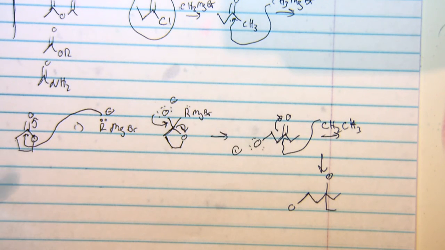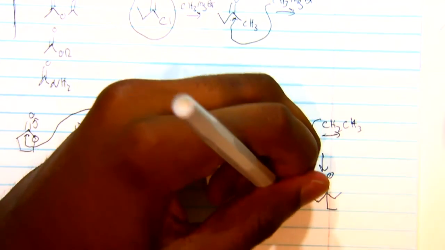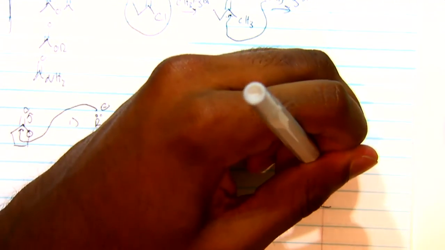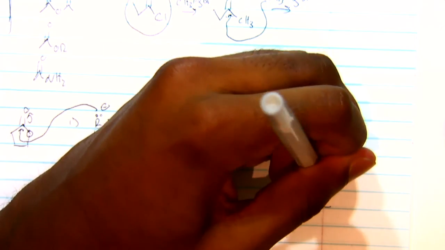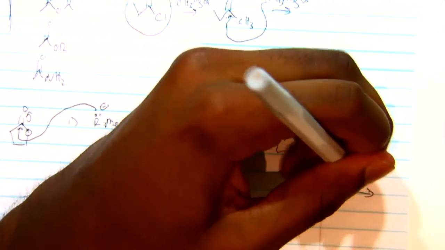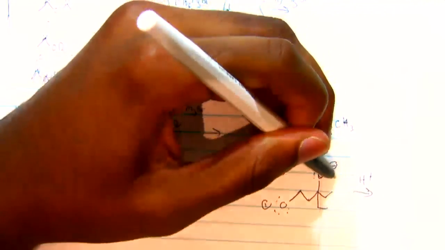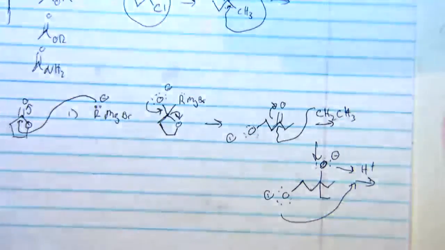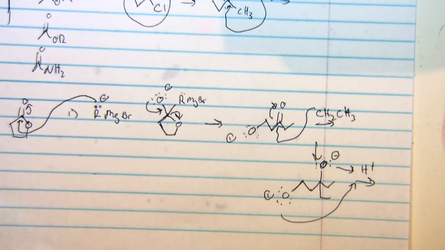So by the end of it, you should have 2 CH2, CH3 groups, because the Grignard reagent just keeps doing that if there's a ketone. And then once you add acid, which just has H+, it'll now protonate it. And then you should have your final product. Does that kind of make sense?